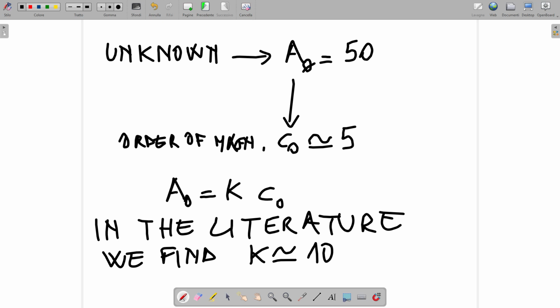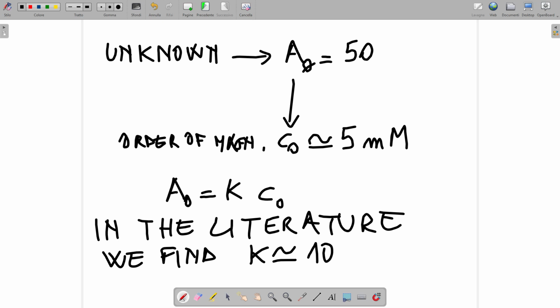Suppose that the unit is molarity. Did you study molarity? Okay. 5 molar. Too much, 5 molar. Millimolar. Okay.